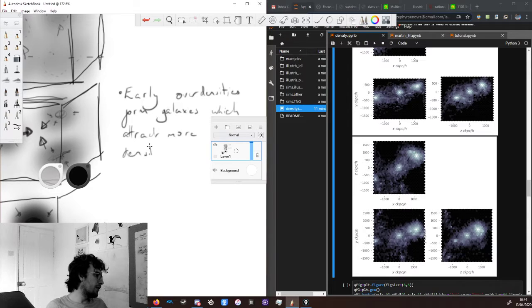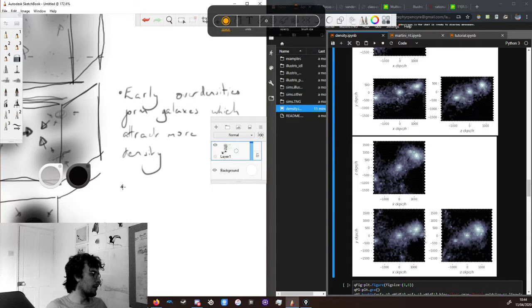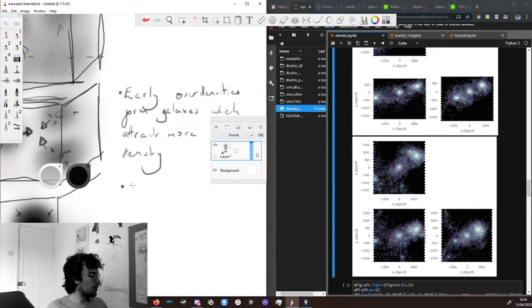And then these things keep on pulling in more material. Then these overdensities, oh, in fact all of these are happening all at the same time. This is not a one then the other.